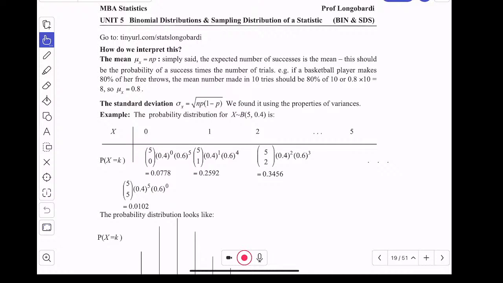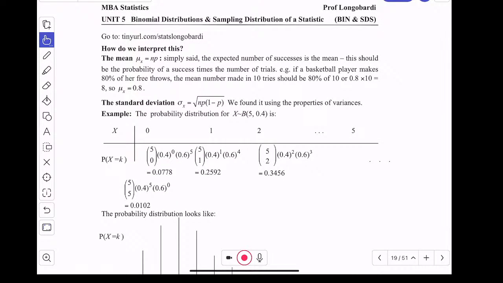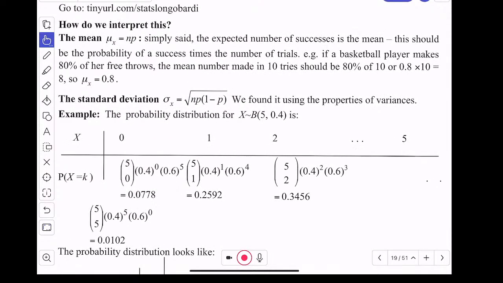Imagine that a basketball player makes 80% of her free throws. The mean number made in 10 tries should be 8. So how did I get that?